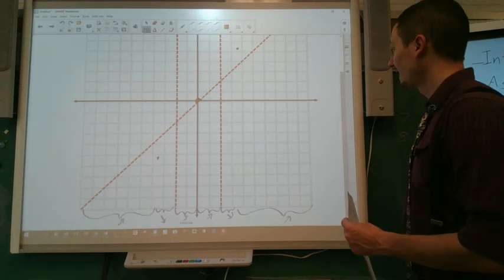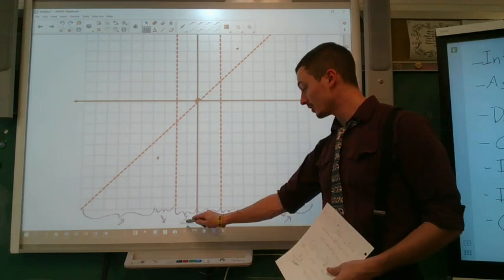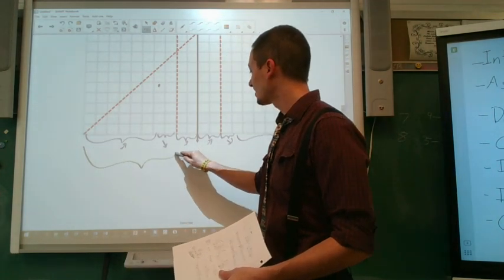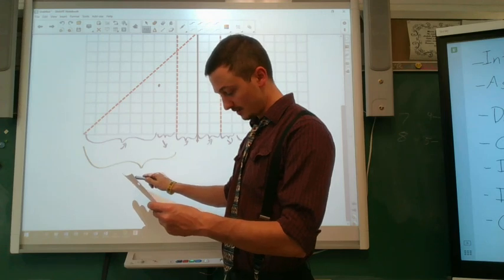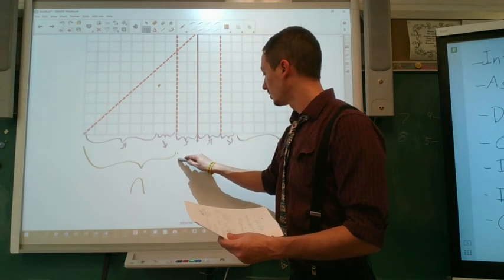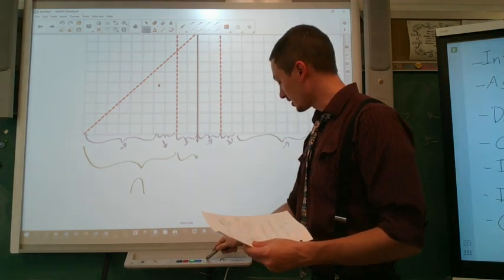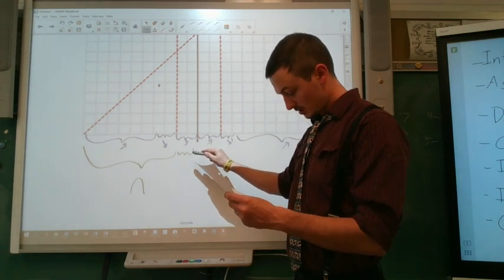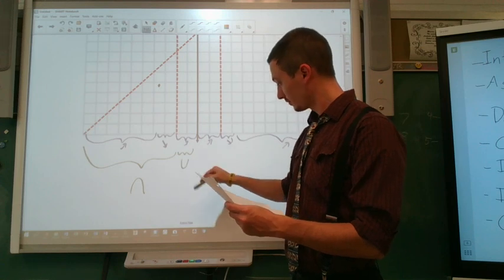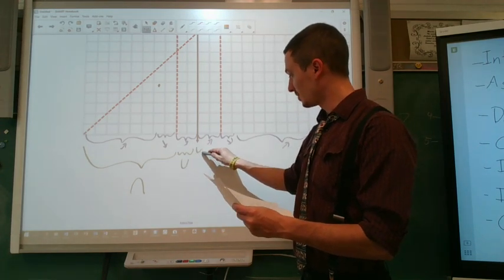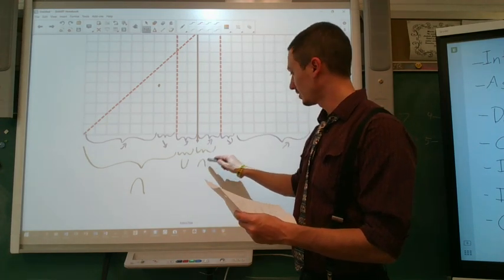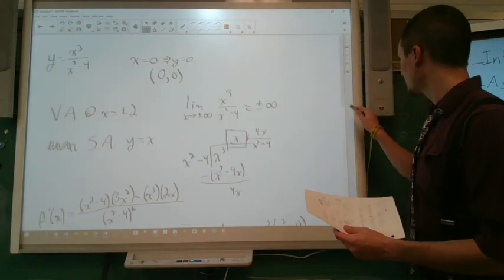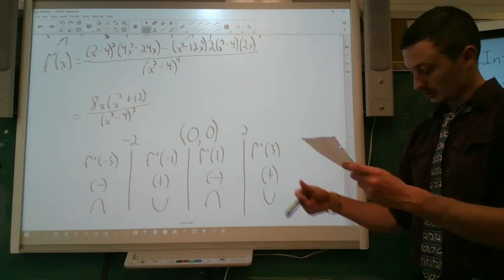Okay, cool, great. As far as concavity goes, all of this is concave down. This bit is concave up. This bit is concave down, and the rest of it is concave up. Which begs the question, did I do this right? Yeah, I did. Okay, cool, cool.